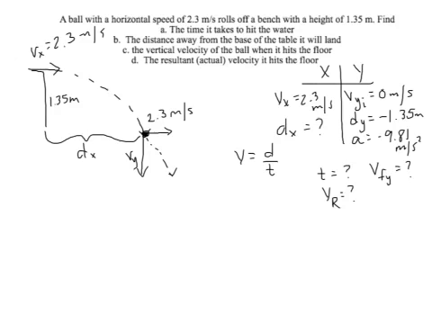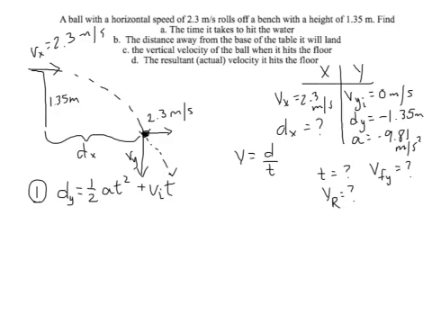So doing the questions in order, the time it takes to hit the water, I'm going to look at the y dimension and the variables I have, and I need to find time. I need an equation that has acceleration because the y dimension has acceleration, and I need an equation that will allow me to solve for time. The equation that works best when I look through all of the equations is this one.